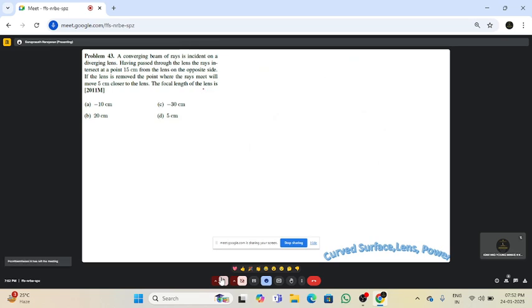The focal length of the lens is... So what are they saying? There is a diverging lens. Usually we take parallel rays, but here they say a converging beam. A converging beam means the rays come like this.